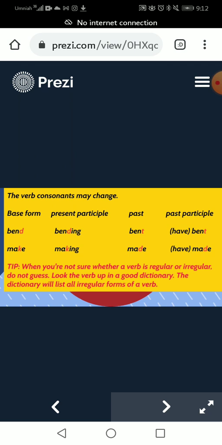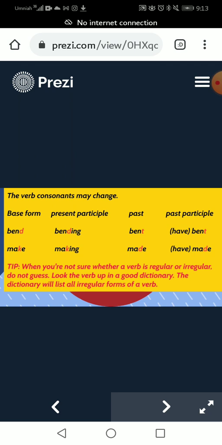We use it as bent. And in the past participle, we say have bent. So the D changed to T. As well, make. Making in the present participle, in the past, it's made. The consonant K changed to D. And in the past participle, have made.